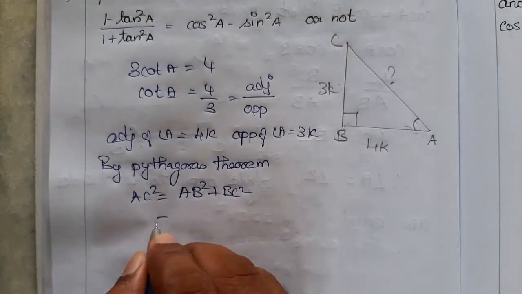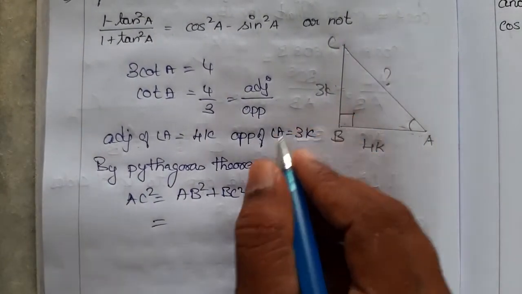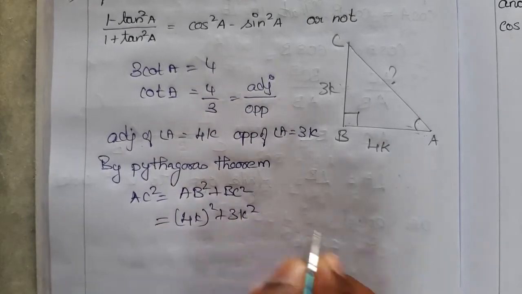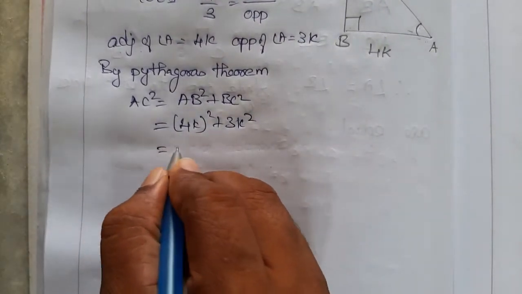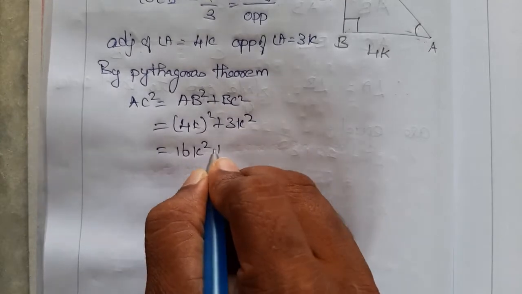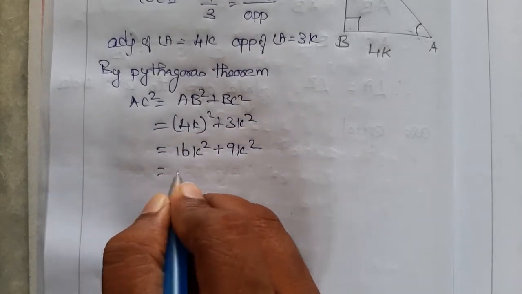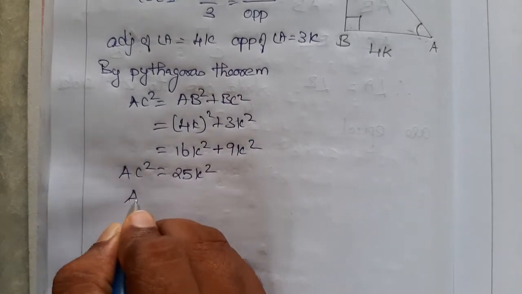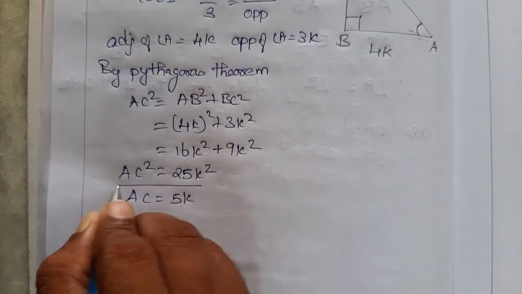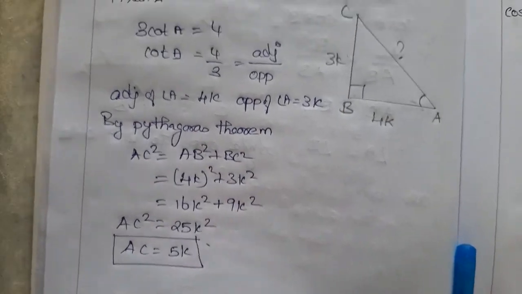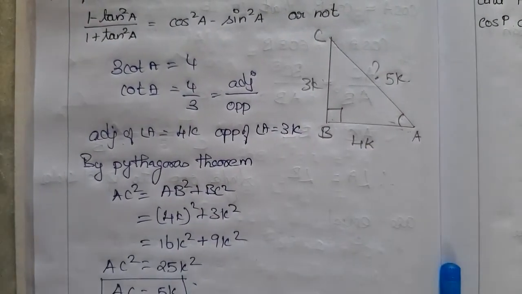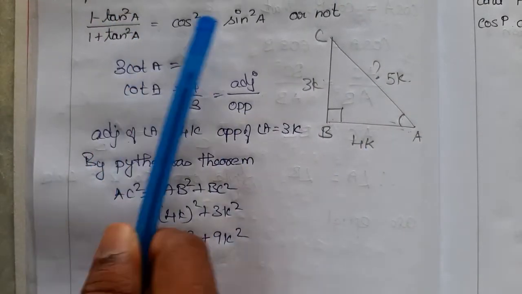AB square is 4k square and BC square is 3k square, right? So 4k the whole square plus 3k the whole square, which means 16k square plus 9k square, equal to 25k square. So AC square is equal to 25k square, then AC is equal to 5k, right? So this side will be 5k. So now we know all the sides, then we will check whether they are equal or not.